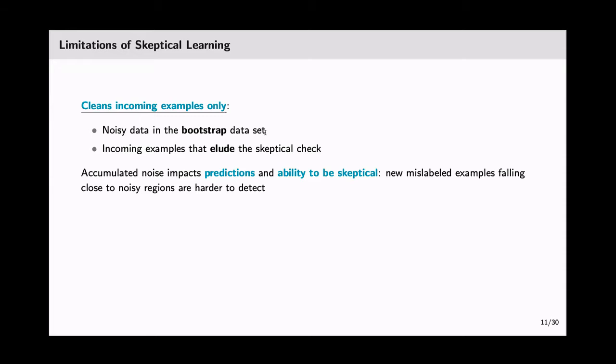The second problem is that incoming examples that elude the skeptical check also end up in your training set. And so, to remind, the impact of these noisy examples in the dataset is that your predictive performance will decrease.